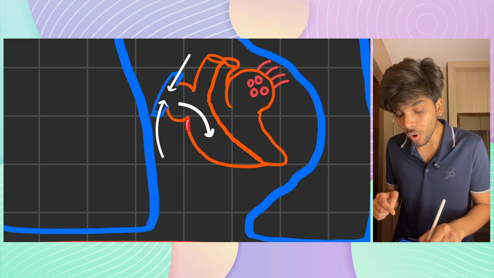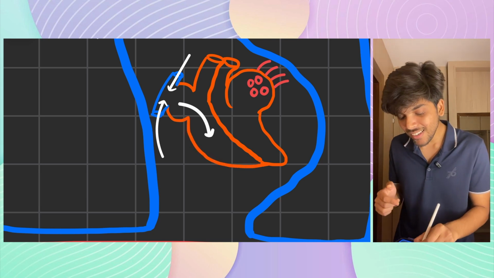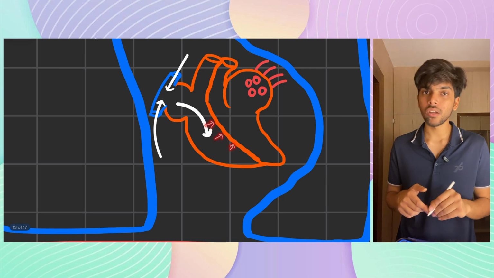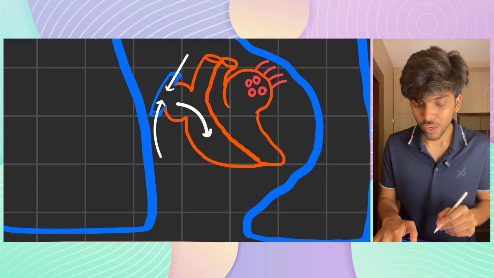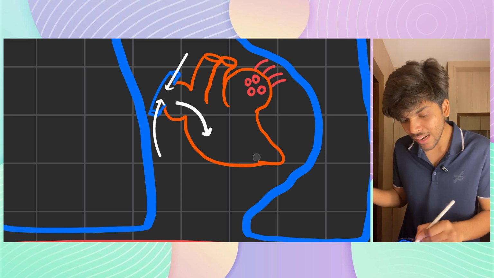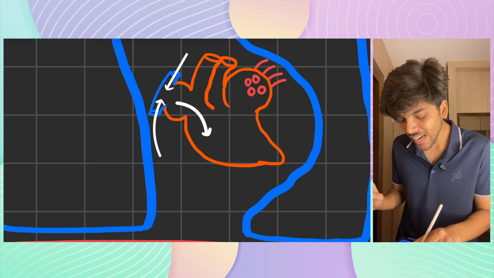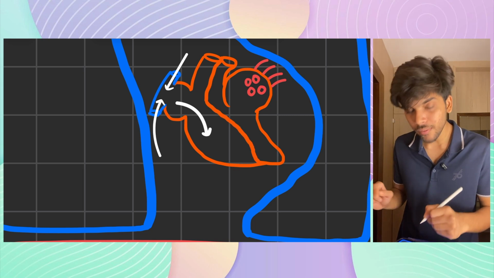Since the free wall is fixed with the pericardium, it is the interventricular septum that gets affected. Due to the push by the blood in the right ventricle, the interventricular septum gets slightly pushed to the left side.